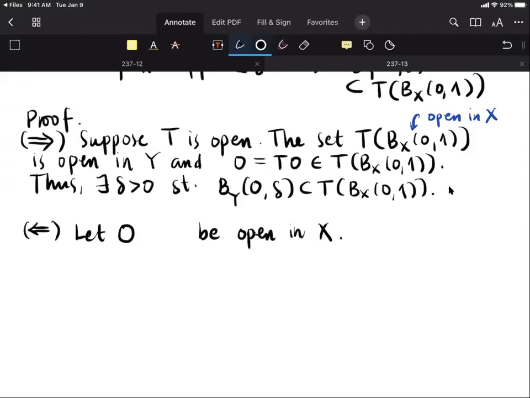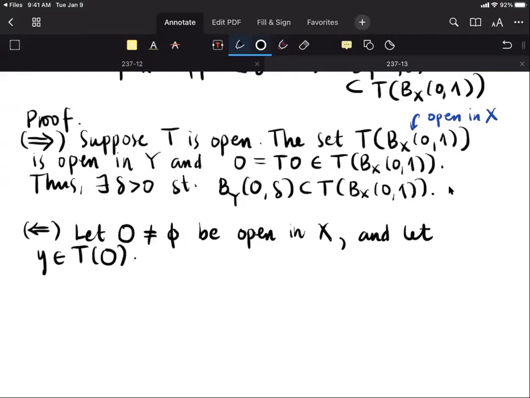Since the image of the empty set is empty, and that is obviously open, it is enough to consider that O is non-empty. And let us take an element y in the image. Since O is non-empty, then T of O is also non-empty, so we can pick an element y.